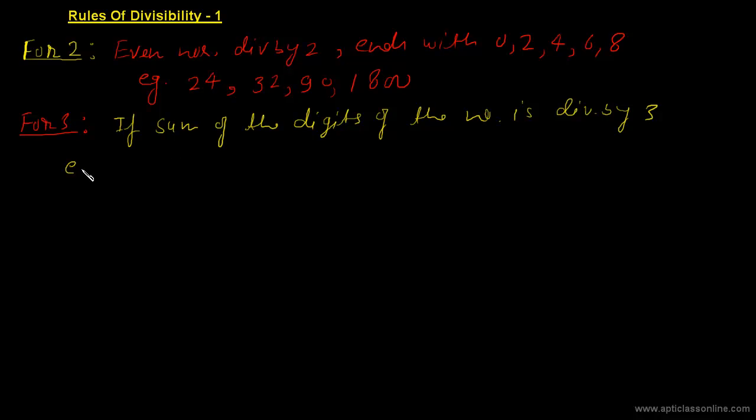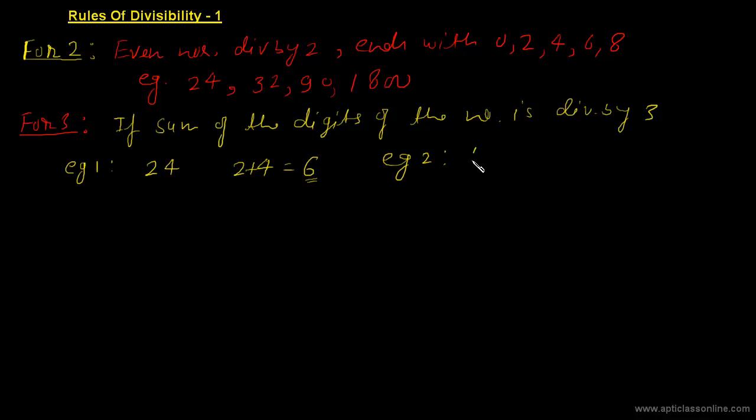I will explain with the help of an example like 24. We all know that 24 is divisible by 3. And if we see the sum of the digits of 24, that is 2 plus 4, which is equal to 6. So since 6 is divisible by 3, 24 will also be divisible by 3.